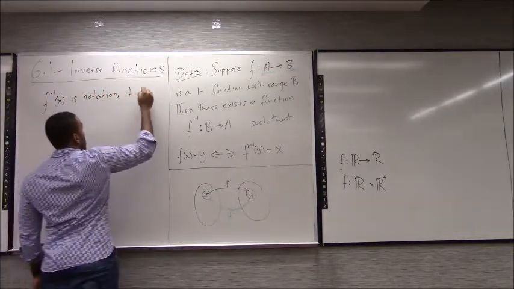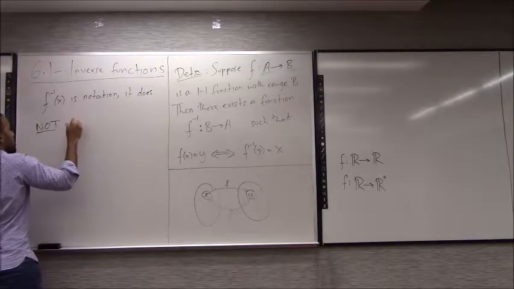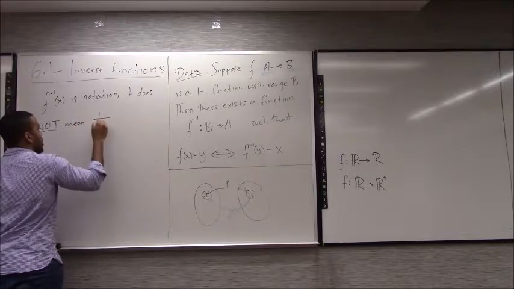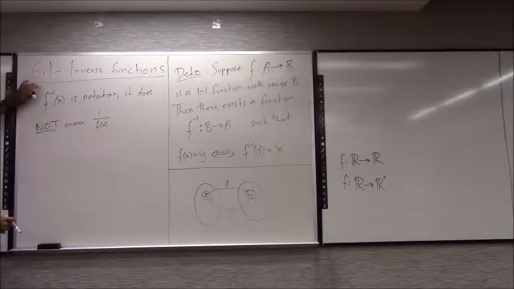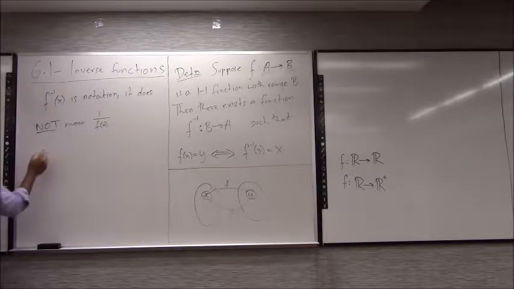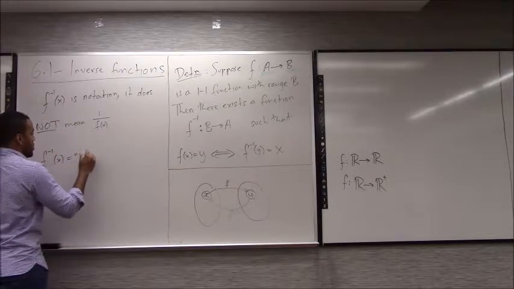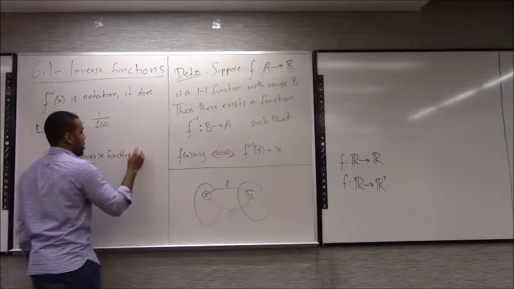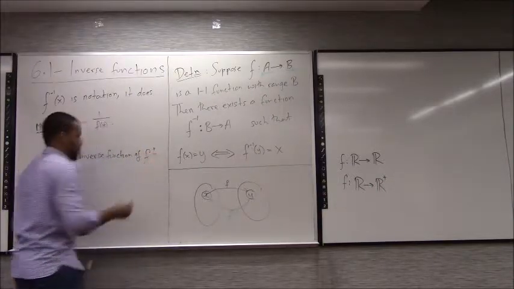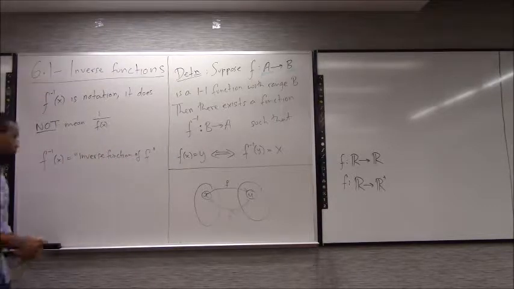It does not mean 1 over f. Alright, it's not the same. Okay? So this is notation for the inverse function. f inverse of x equals the inverse function of f. It might happen to be this, but it doesn't have to be that.